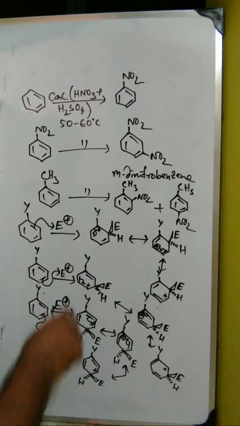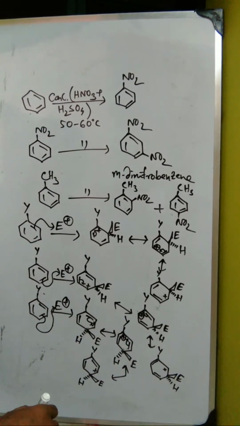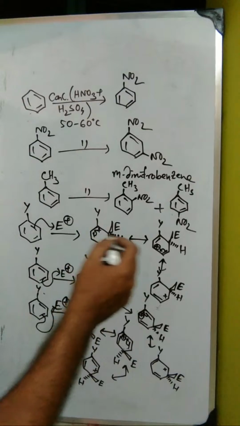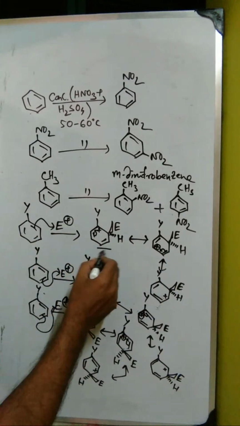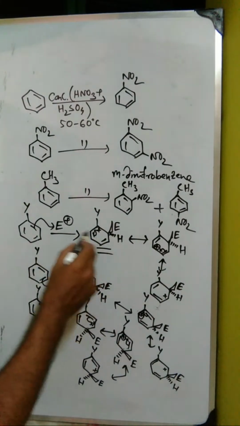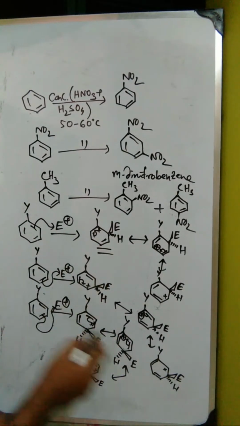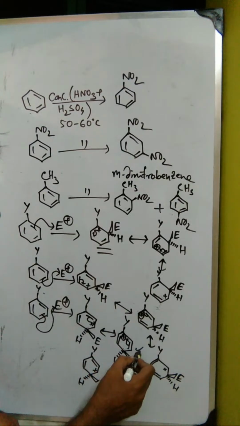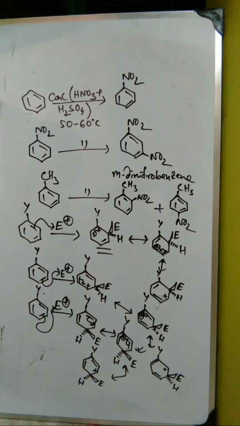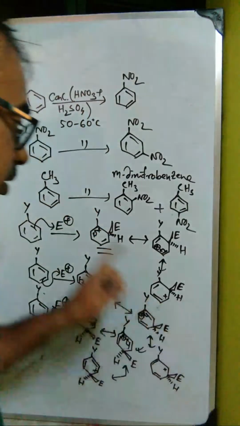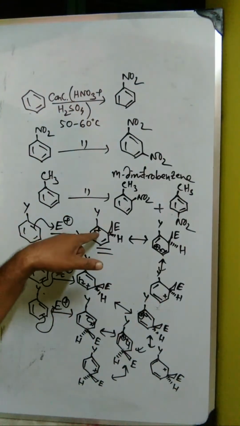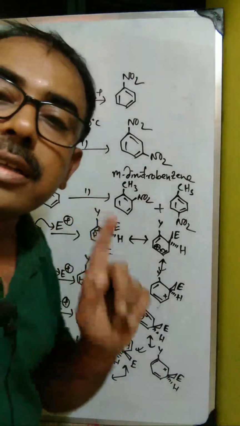Look, if the electrophile comes in ortho positions or para positions, then particular resonating structures are formed here in ortho position and here in para position. In these two resonating structures, the carbon which is carrying the positive charge has already a substituent.